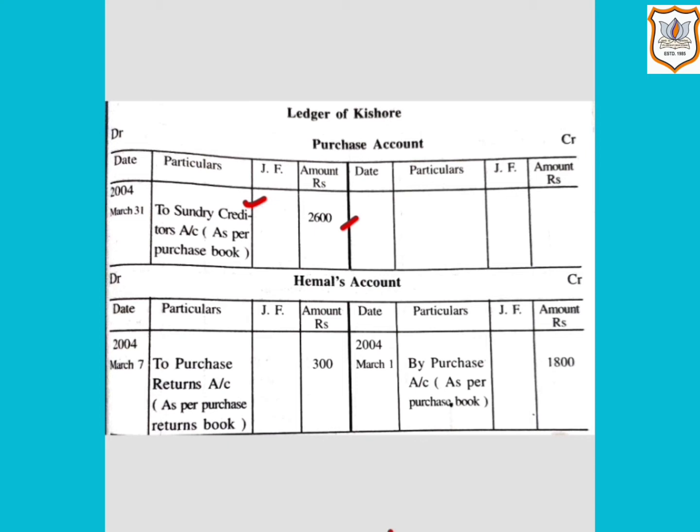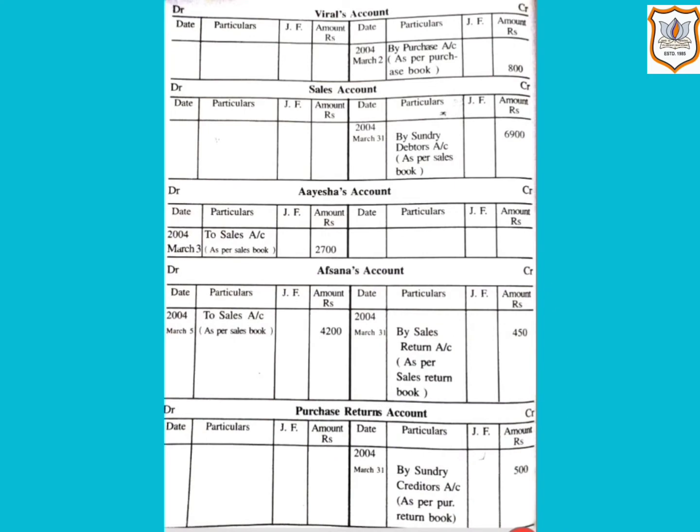Now as Hemal is our creditor, here in Hemal's account we will record the amount, that is 1800, on the credit side. And our another creditor is Viral. So here in Viral's account, we will record the amount on the credit side, as his name is also shown in the purchase book, that is rupees 800.